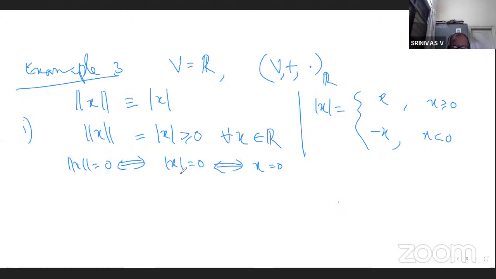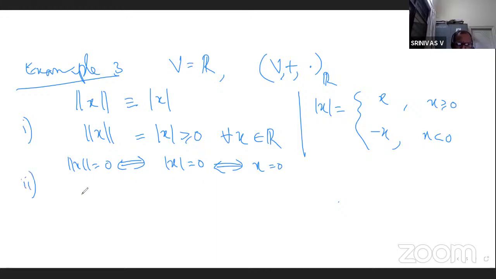So in any case, x has to be non-zero. So x equal to 0 gives mod 0 equal to 0, and x not equal to 0 means mod x has to be positive, not equal to 0. Therefore it is if and only if.